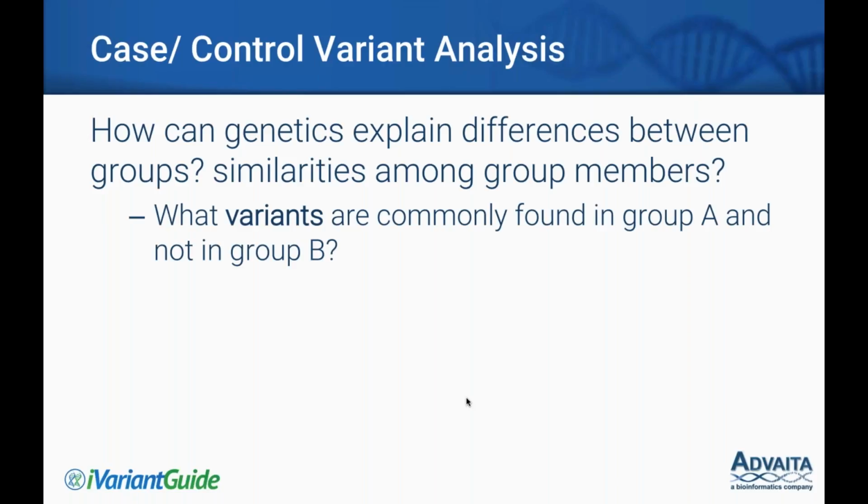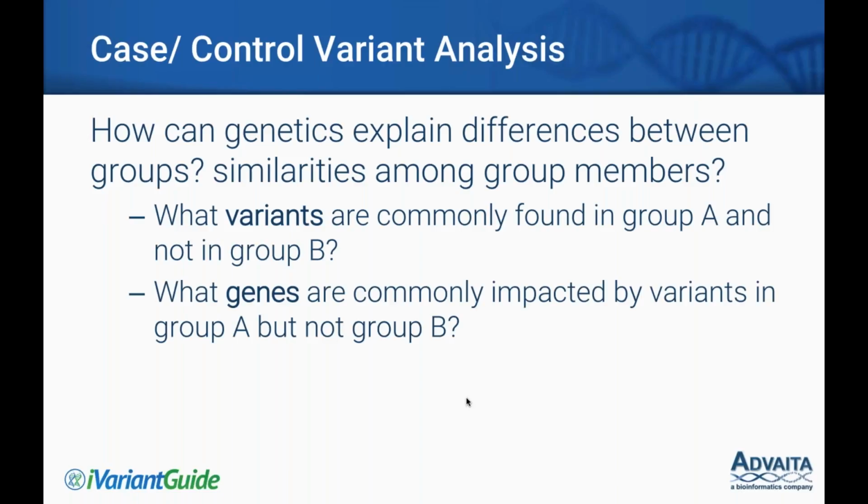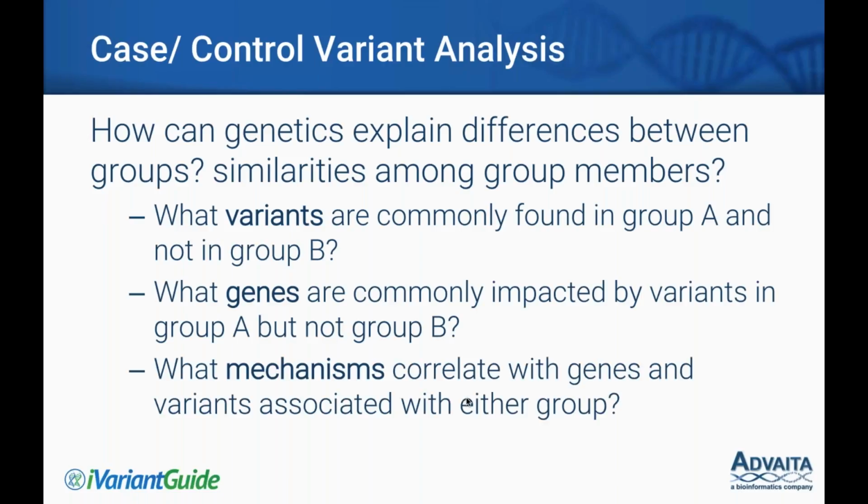First, which variants are commonly found among samples from group A, but not group B? And on a next level, we can also look at what genes are commonly impacted by variants in group A, but not group B, or vice versa. And lastly, we can extract that gene information to a higher level and ask what mechanisms correlate with genes and variants associated with either group. So we're going to look at all three of those levels today.